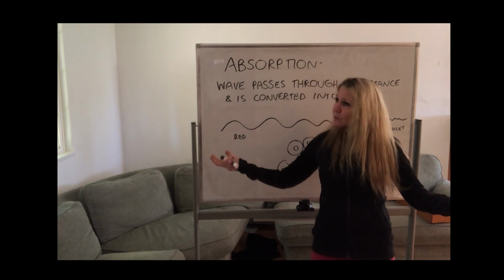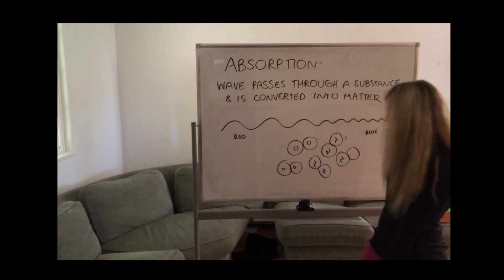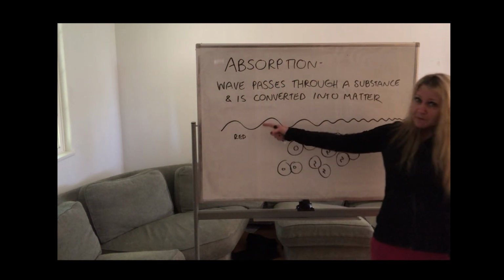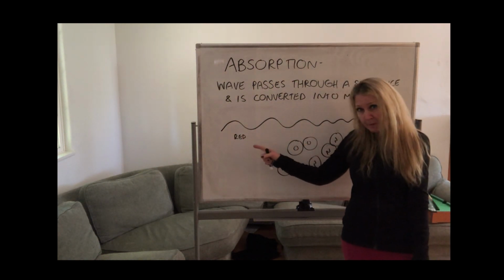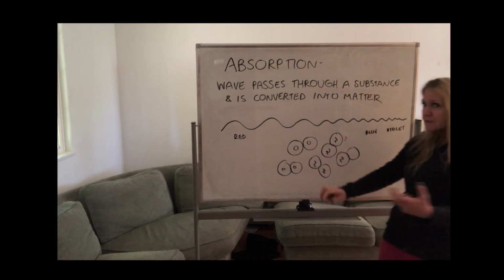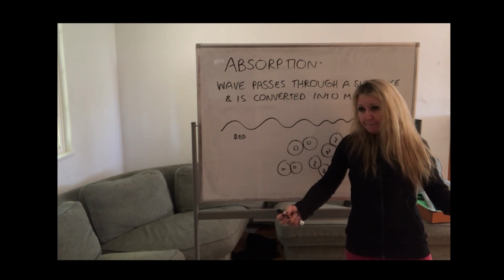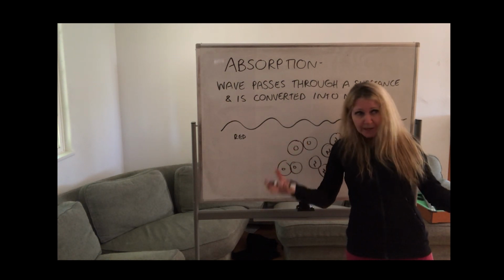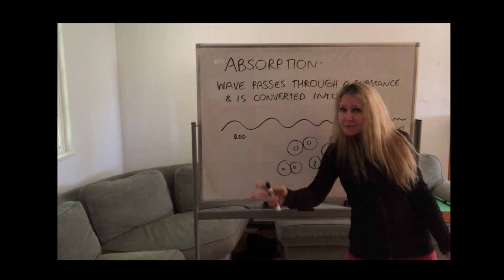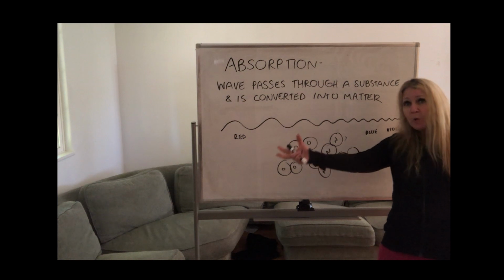Why did the sky look red? At that time, we had a shift to this end of the visible light, because the atmosphere wasn't just these gases. We had other gases, a lot of carbon dioxide, a lot of dust actually in the air from the fires, the smoke.